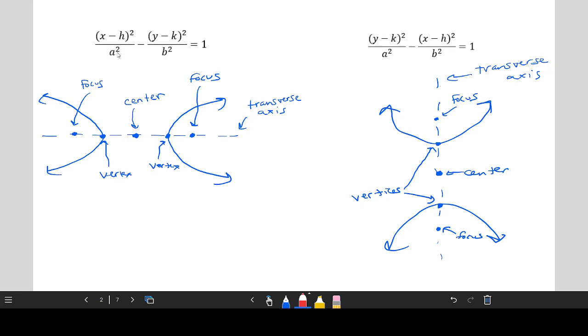All right, the distance A, in this first scenario, A is underneath X, so A is a horizontal distance. A is actually the distance from the center to the vertex. And in the second scenario, A is still the distance from the center to a vertex, but now it's a vertical distance since A is underneath the Y term.